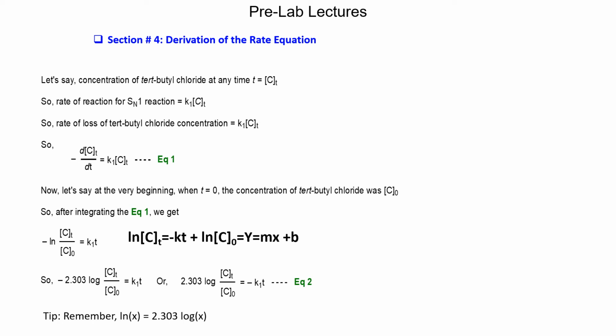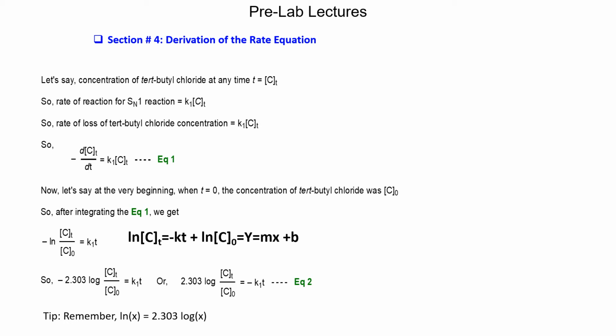So to determine the rate equation experimentally, we have to use this rate equation, and the rate equation for this SN1 is equal to rate constant times concentration of the tertbutyl chloride, and rate, in other words, is defined as the rate of disappearance of the reactant and formation of the product, and that's written as d concentration of the reactant at time t divided by change in t.